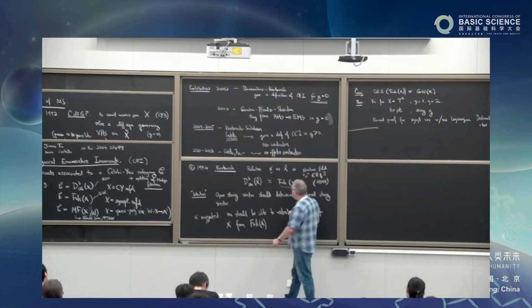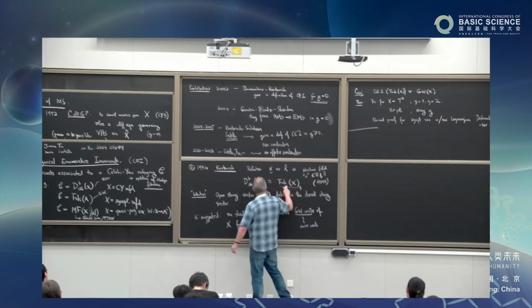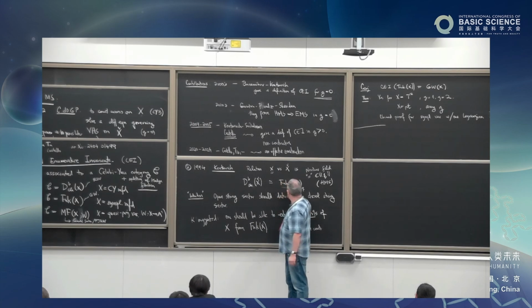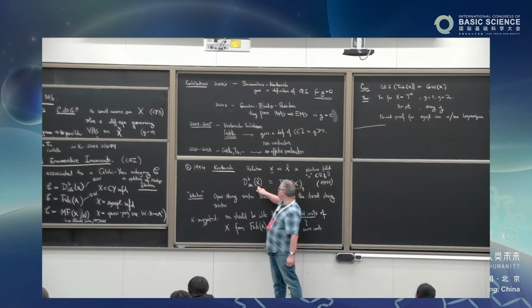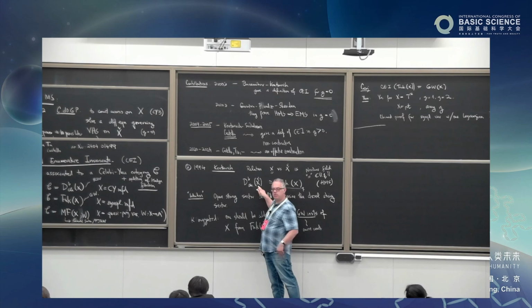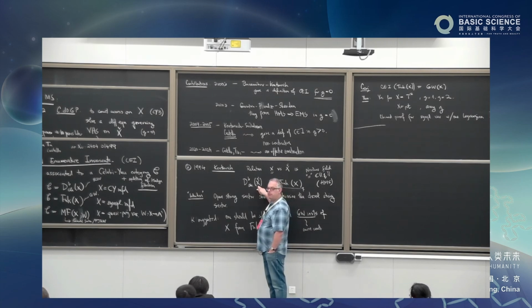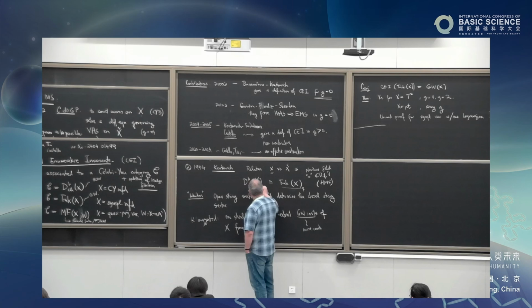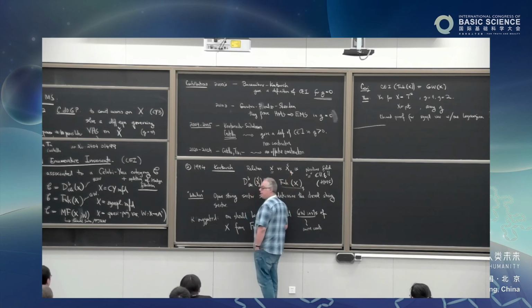Now, that means that you don't get just one category here, you get many categories. So you might ask, okay, but here there seems to be just one category. This was well known to people in mirror symmetry. Mirror symmetry is not about one space, it's about a family of spaces. So you should really find a family of spaces X_q.